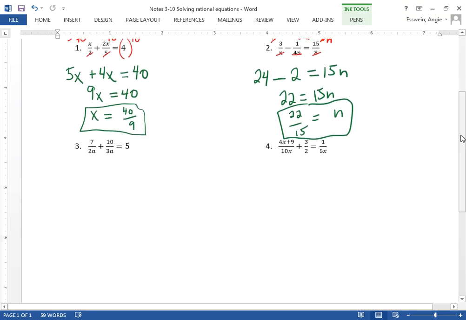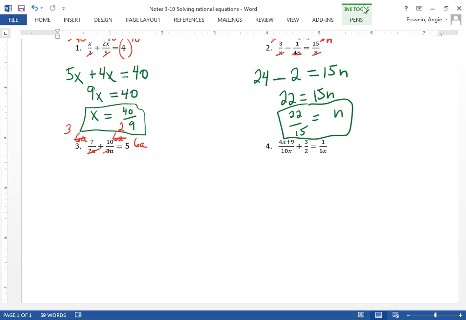All right, let's try this one. What do 2a and 3a go into? 6a. There's really no easier way to do these. 6a, 6a, 6a. So 2a goes into 6a thrice, yep, 3 times. 3a goes into 6a twice.